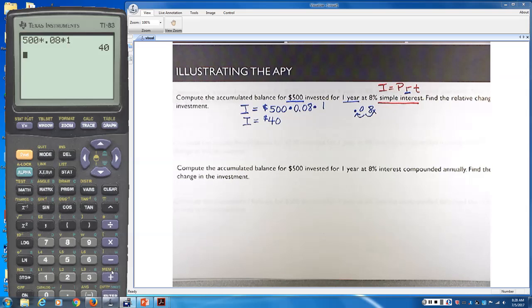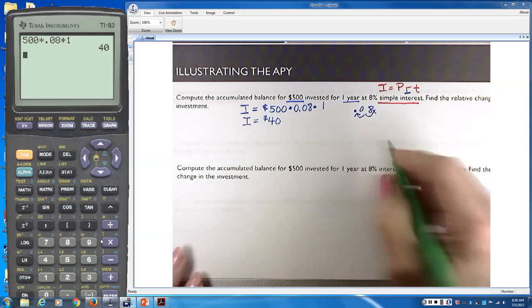Okay? Now the $40 is just the interest, it is not the accumulated balance. The accumulated balance is all of the interest plus what you invested to start with.